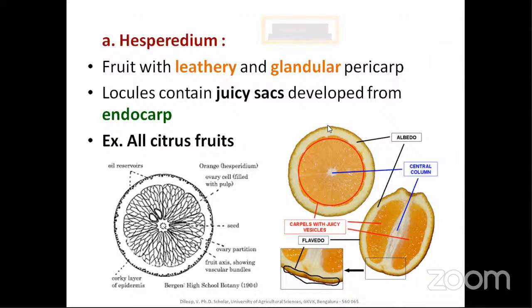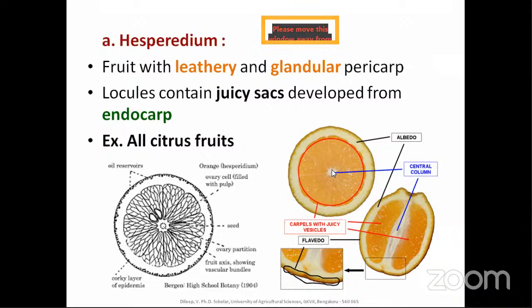People usually demarcate this as one layer, that as one layer, and the inside hollow one as another layer. No, that is not right. The outermost layer is called flavedo, and it contains oil glands, and the middle portion, the mesocarp, is albedo, and this whole huge thing is endocarp. From the endocarp, the juice sacs arise. Since we see seeds here, not in the hollow portion.